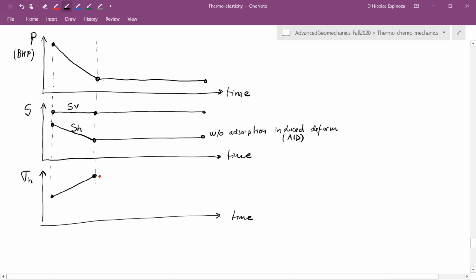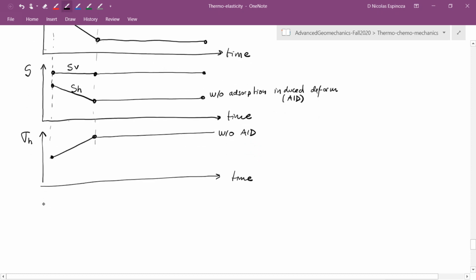And this was caused by the Poisson ratio. So this is without absorption-induced deformation.